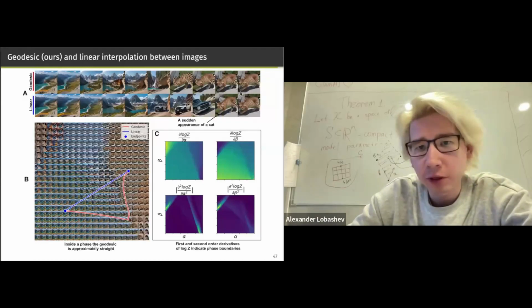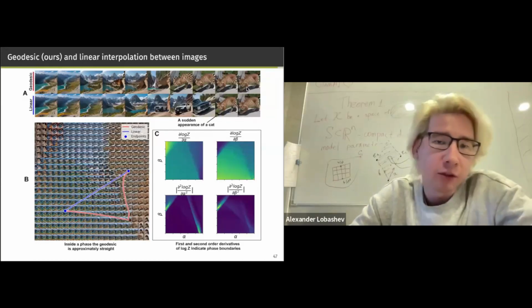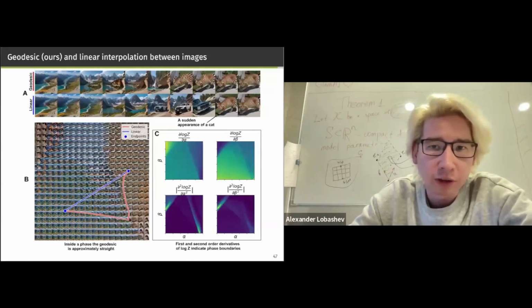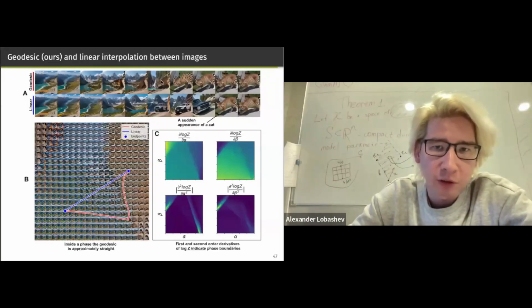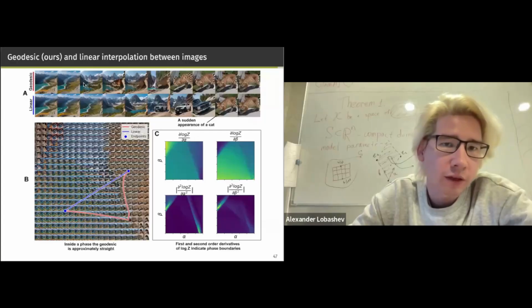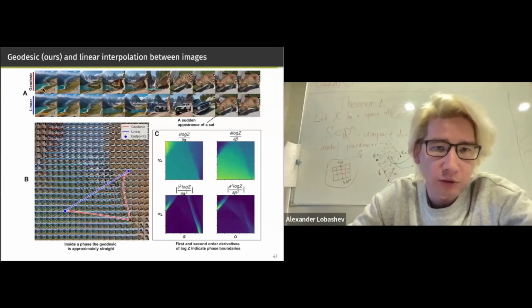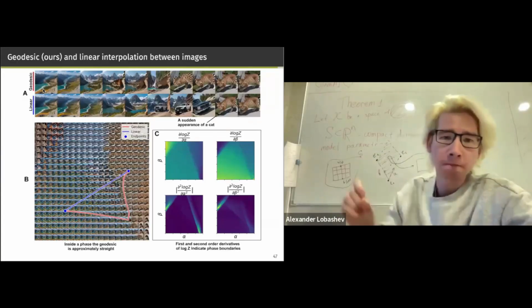But geodesic interpolation is more semantically meaningful for us. So we have a cat which slowly transforms into a cat which is similar to a rock, and the rock then slowly transforms into this coastal view.